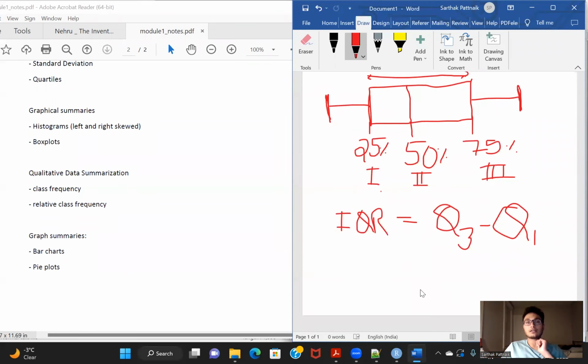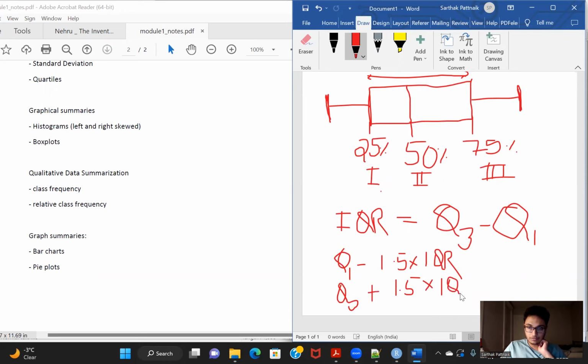Now the extremities of this box plot are given by Q1 minus 1.5 into IQR and Q3 plus 1.5 into IQR.